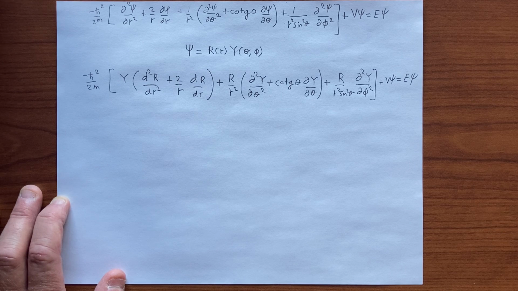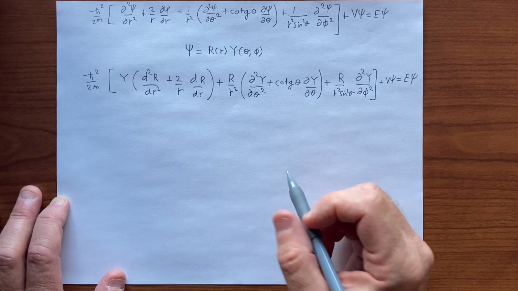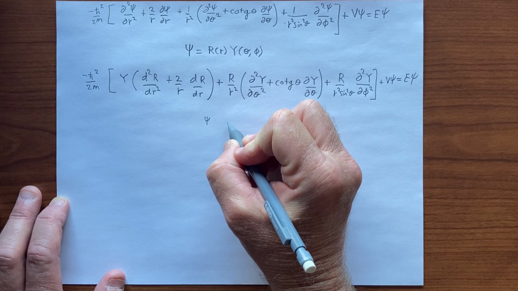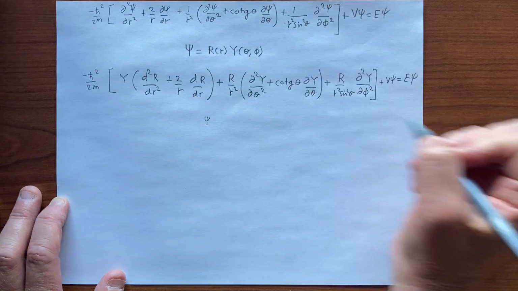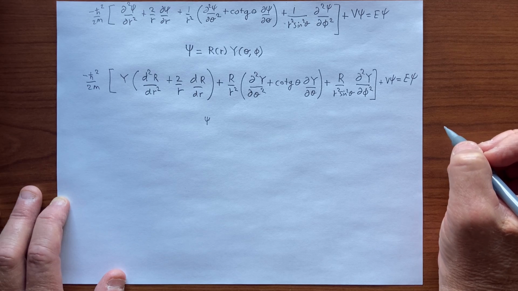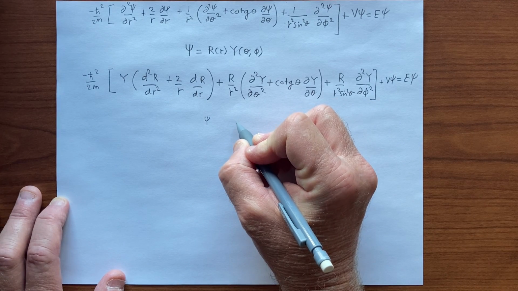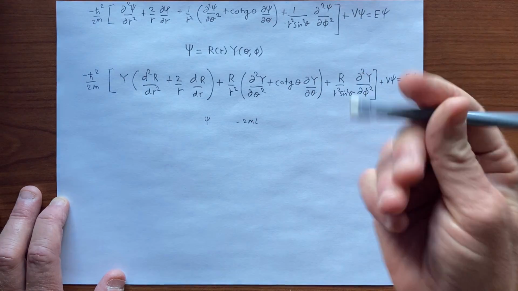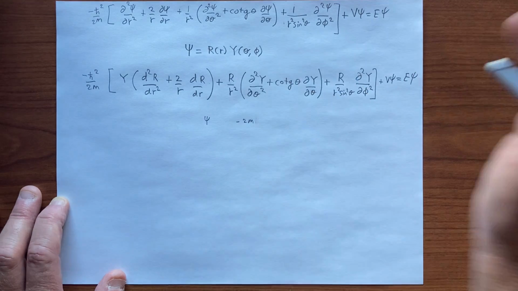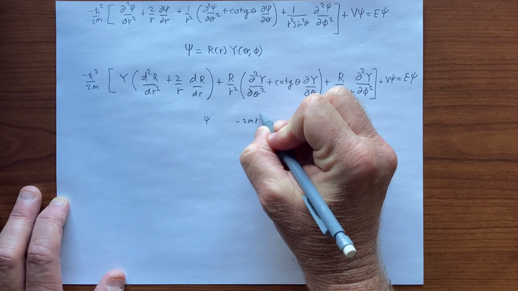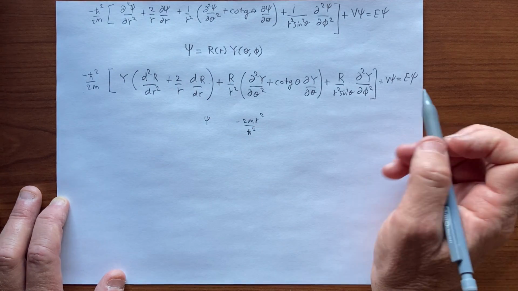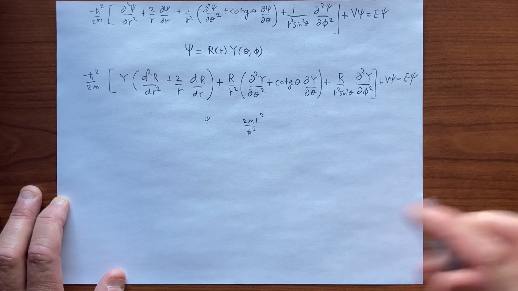Okay, so at this point, we can separate these out further. If we divide by psi, let's divide by this, and multiply by, let's see, minus 2m, sorry, 2m r, little r squared over h bar squared, that will give us this.